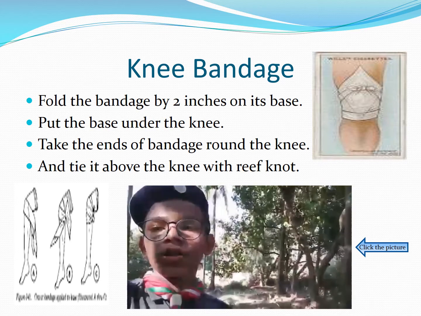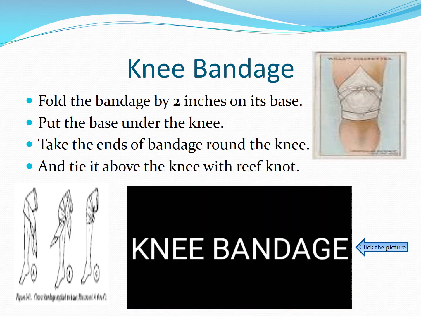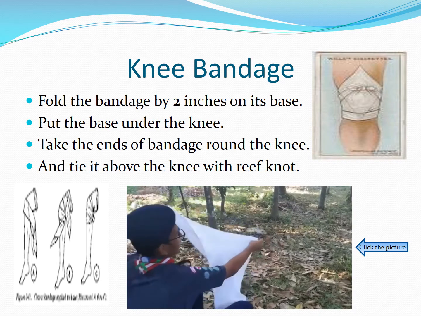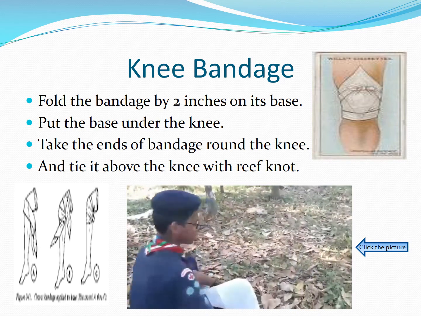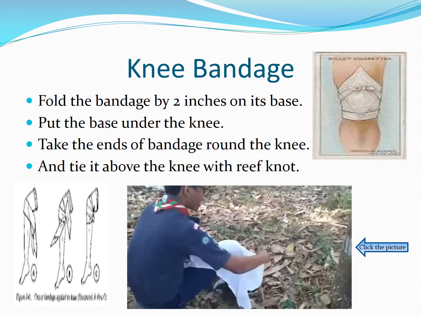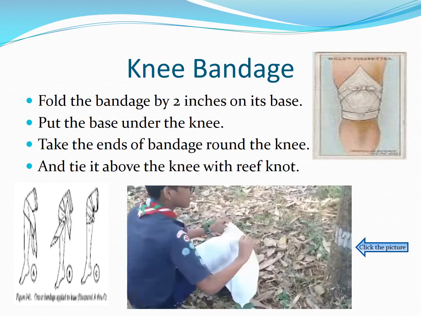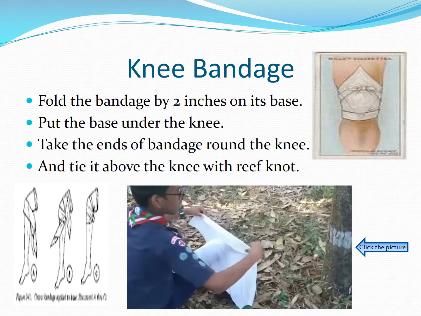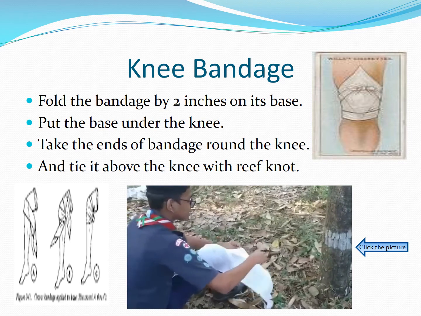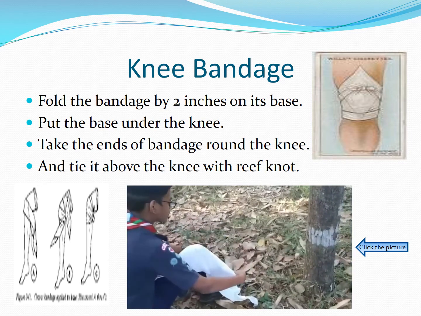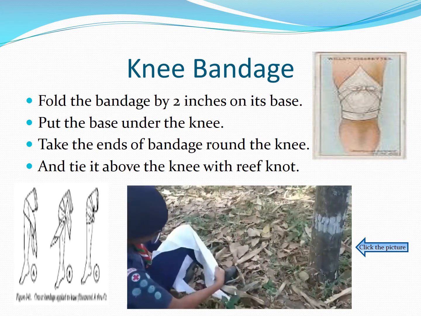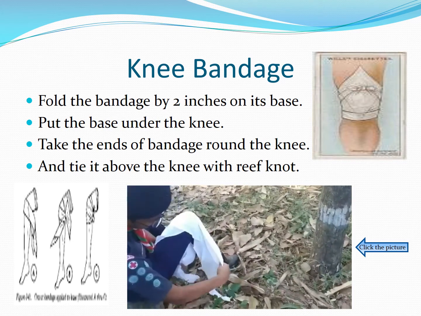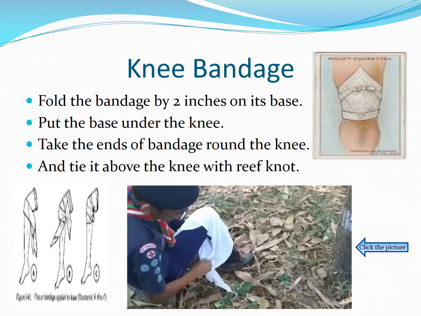Today we are going to learn the knee bandage. The point of the bandage, I put at the front of my knee, and I just make a hem. Hem means a small fold. Then I take this bandage to the back side and cross it.